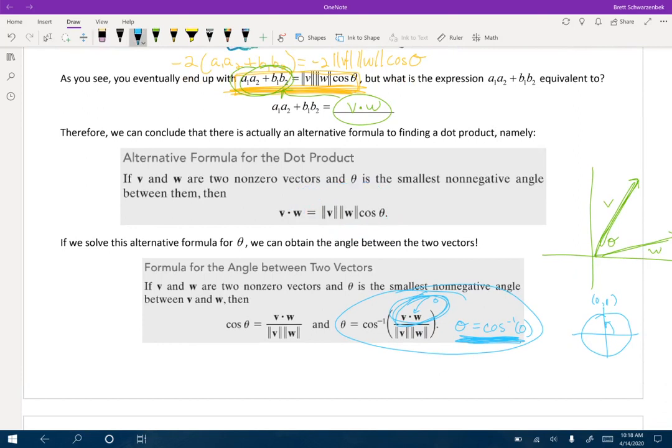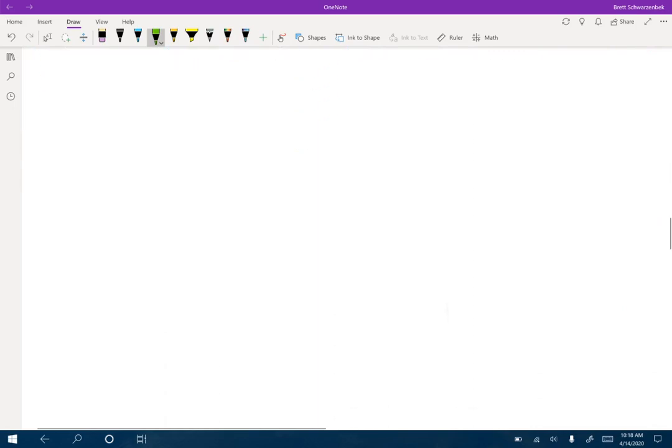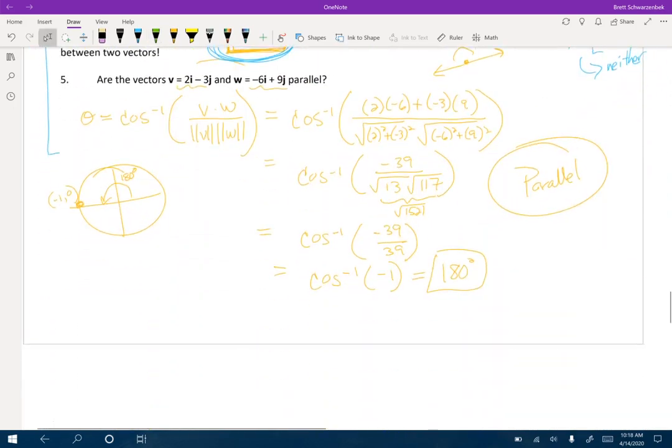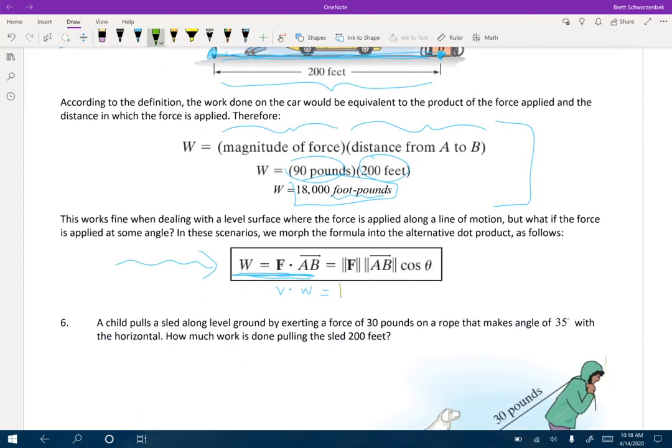We have v dot w, and we have the magnitude of v, which is the first part of the dot product, the magnitude of the vector w, and then cosine theta. It turns out that this helps us in our determination for work. Let me rewrite that at the bottom here. This is equal to the magnitude of v times the magnitude of w times cosine theta.